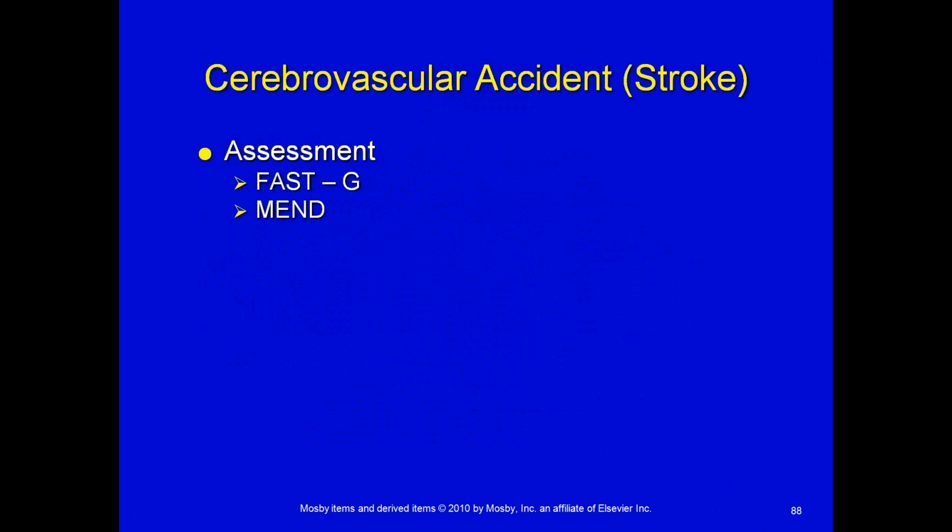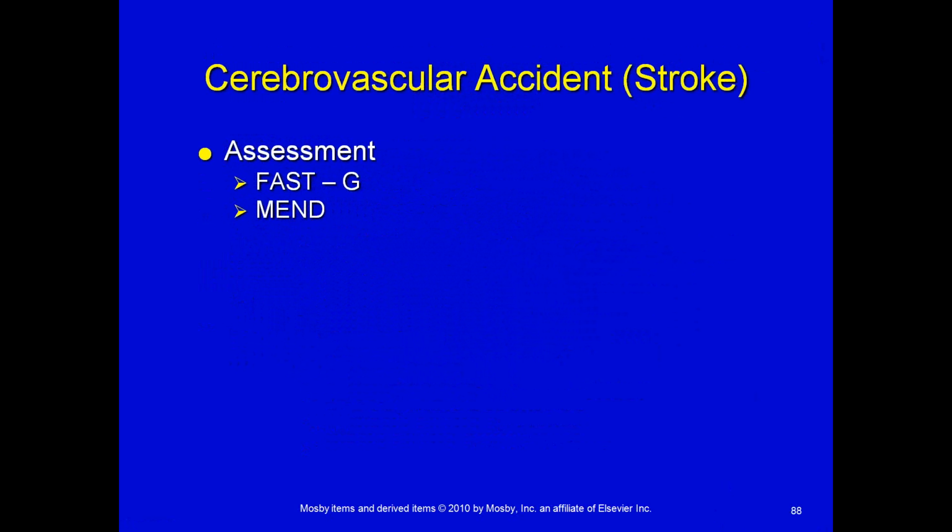Something we could do easily at the bedside is get a glucose. Any patient with altered mental status, we should get a blood glucose, because that may be the cause of their altered mental status. So FAST-G is something we can do extremely quickly, and with about a 72 to 85% accuracy, predict the likelihood that they're having a stroke.